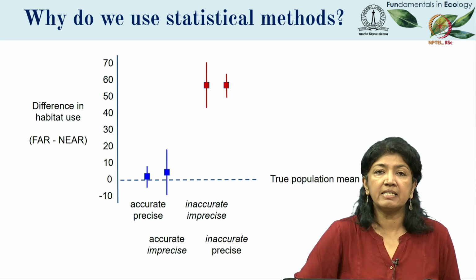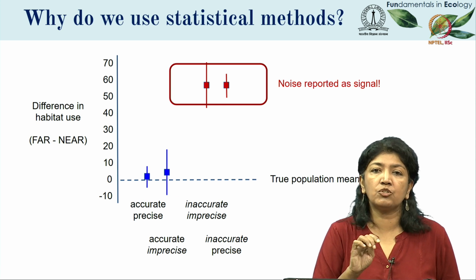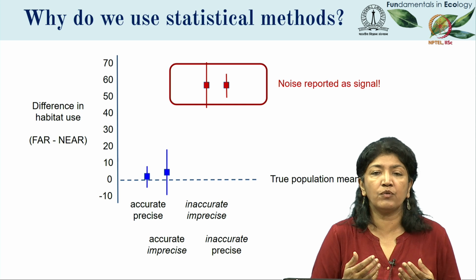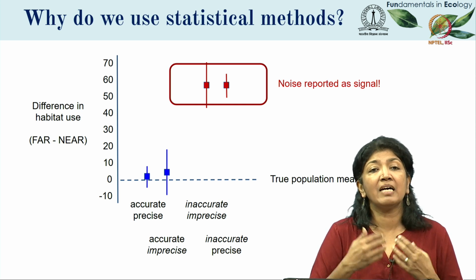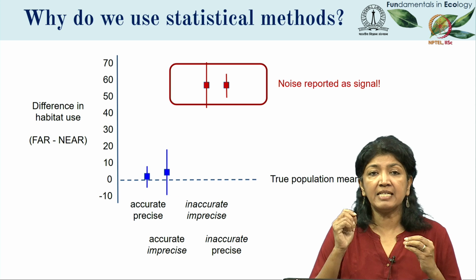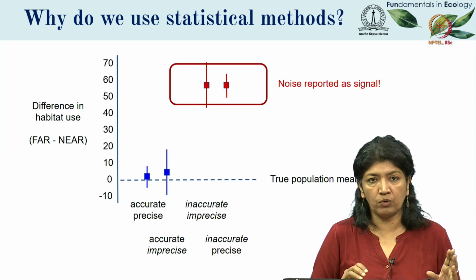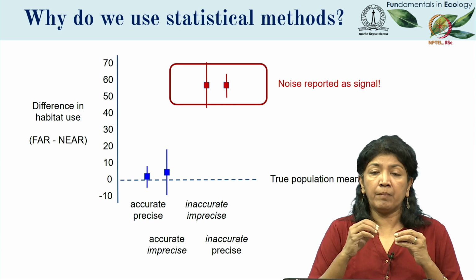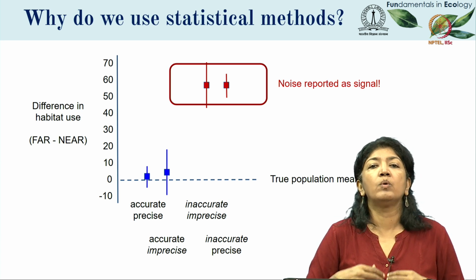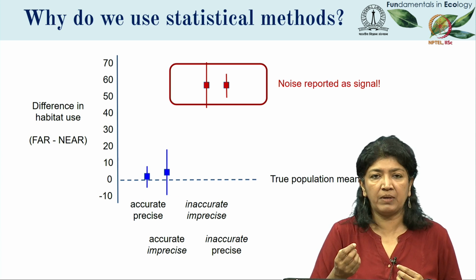Again, just like in the previous case, these last two situations are particularly dangerous because they give us a very biased view. So, here for example, we would be wrongly concluding that butterflies prefer habitats far away from the road. Basically here noise in the sample would be reported as signal, as something characteristic of the population.